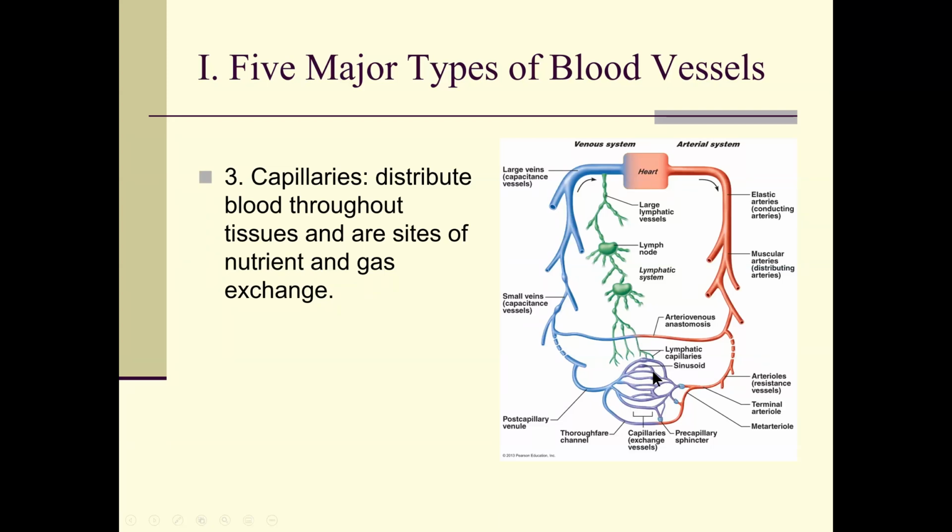If this is the capillary bed at the cellular level, around every cell, we have a capillary bed around every cell. This is where glucose and amino acids and O2 are being given to the cells, coming out of this capillary bed into the interstitial fluid, and then being absorbed by the cell. So this is the reason we have everything, because this is where the hard work is done, where the exchange of nutrients and gases is done.